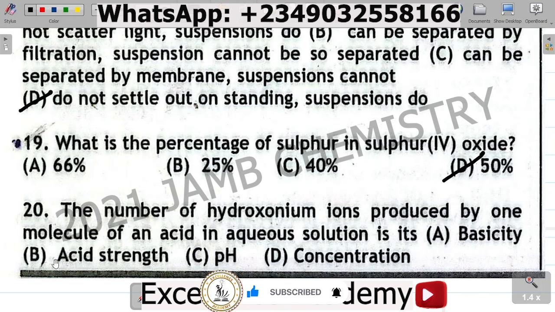By definition, basicity is simply the amount of replaceable hydrogen ion or hydroxonium ion present in a compound which is acidic. So the correct answer there is basicity.